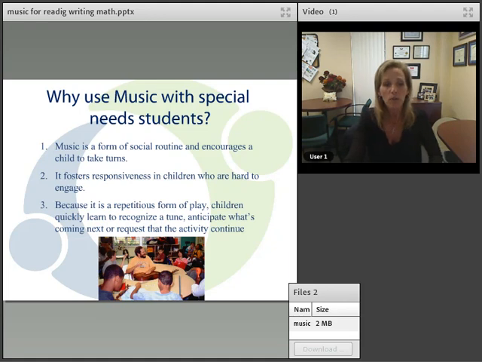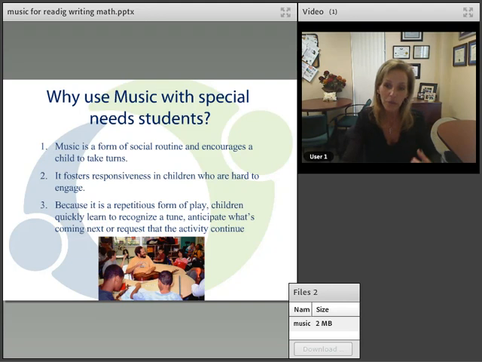So why are we going to use music with special needs students? Music is a form of social routine, and it encourages turn taking, whether it's taking turns playing an instrument or taking turns singing a song. It also fosters responsiveness in children that are hard to engage. I have music instruments here in my office, and sometimes there are children that I see here in the office that really aren't interested in the toys.